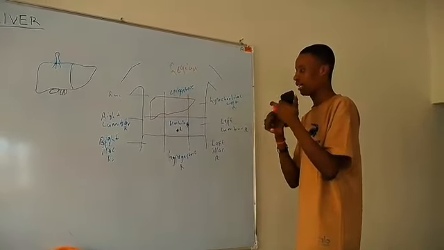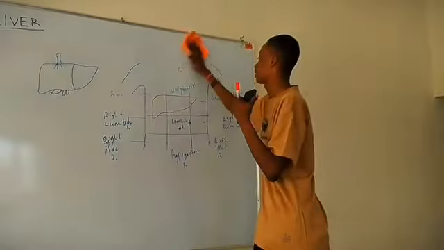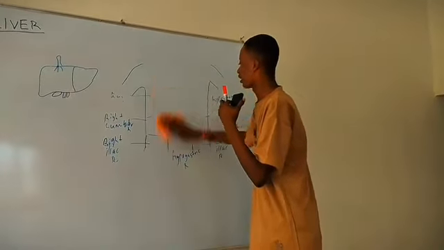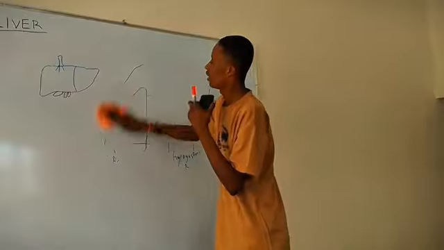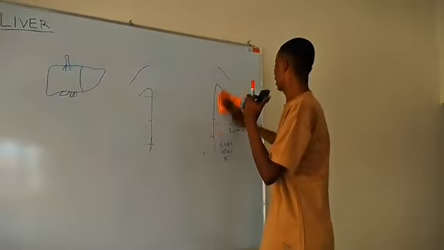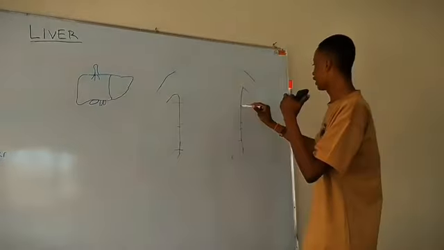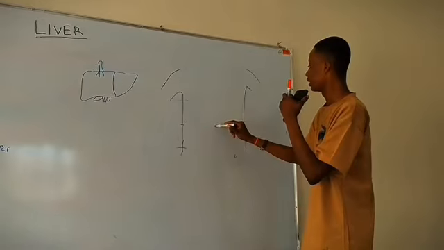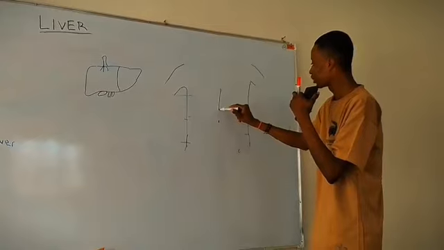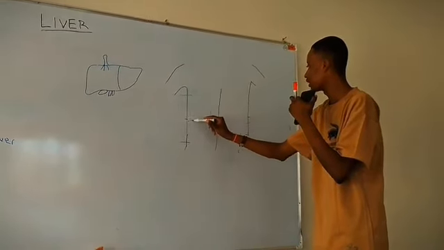Now let's look at anatomical quadrants. Here, we only have the umbilicus. The umbilicus serves as the middle line. So we only have one line like this that runs down and like this.